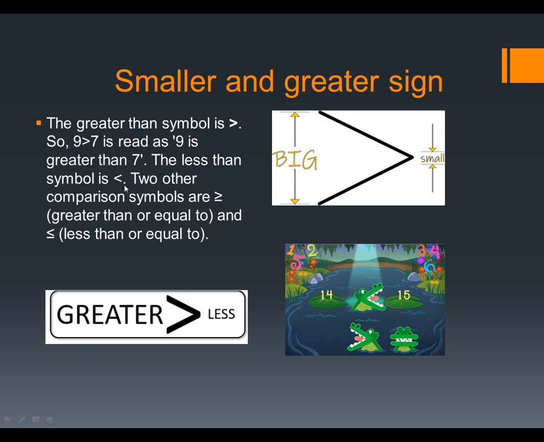The less than symbol is this. Two other comparison symbols appear in some situations, so we can read it as greater than or equal to, and this sign can also be read as less than or equal to.